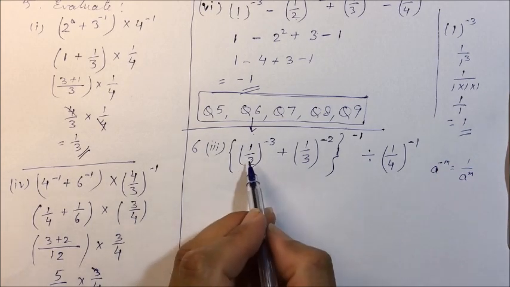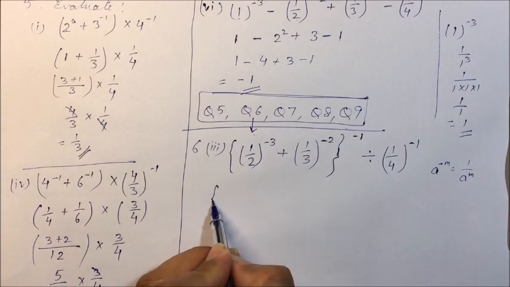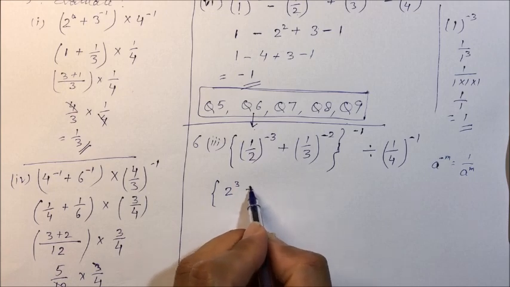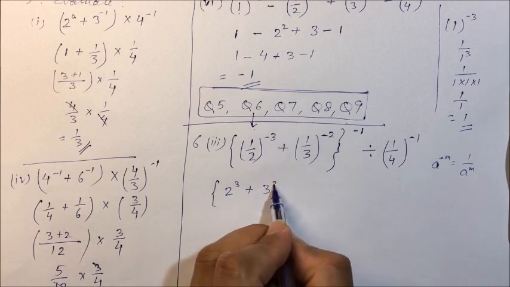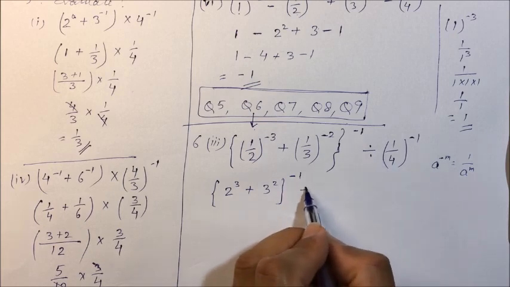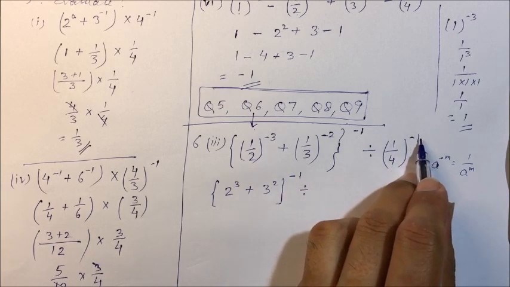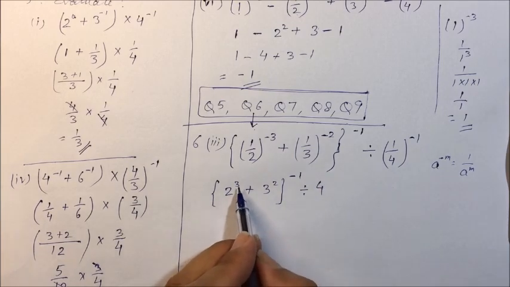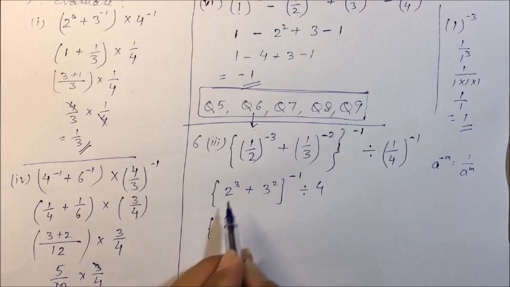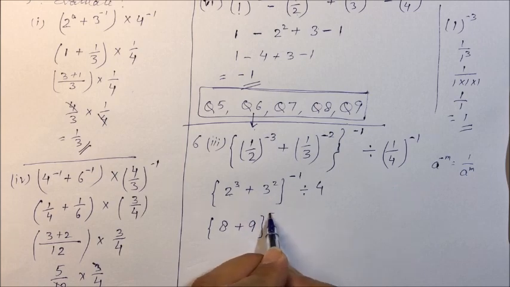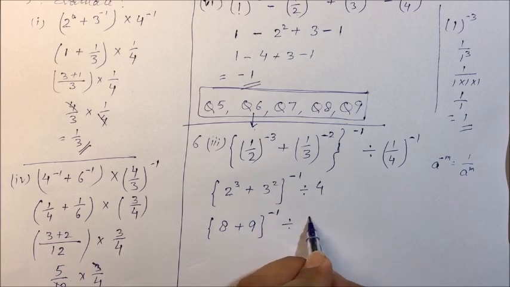We'll take the reciprocal, so it will be (2 raised to power 3 plus 3 raised to power 2) the whole raised to power minus 1, divided by 1 upon 4 raised to power minus 1, it will be divided by 4. 2 raised to power 3, it is 2 into 2 into 2, 8, plus 9, whole raised to power minus 1, divided by 4.